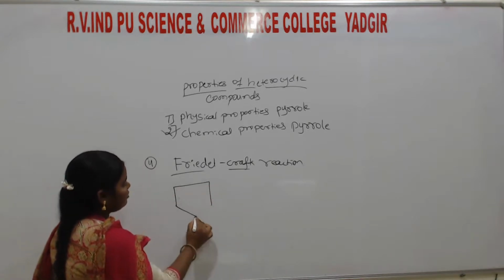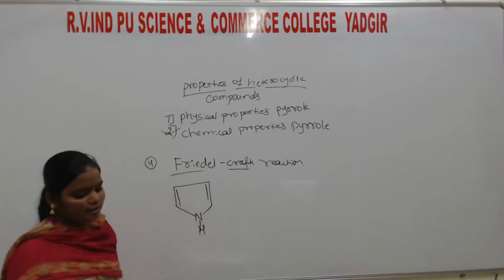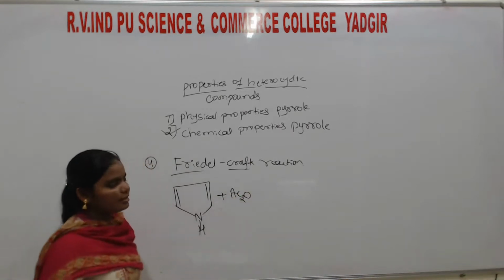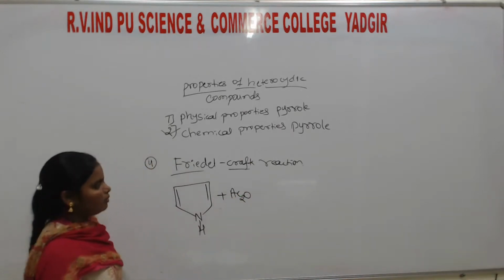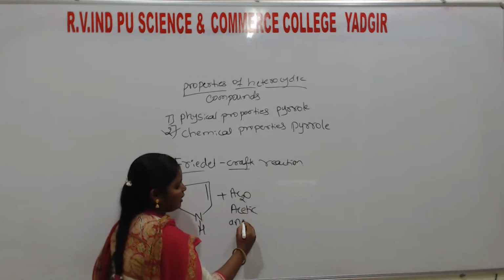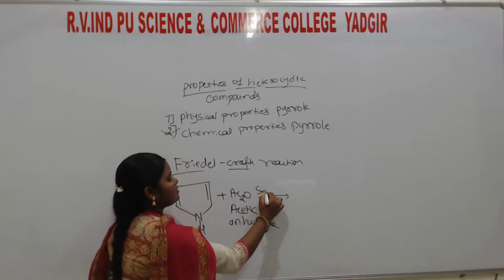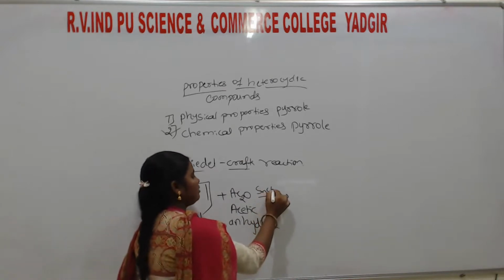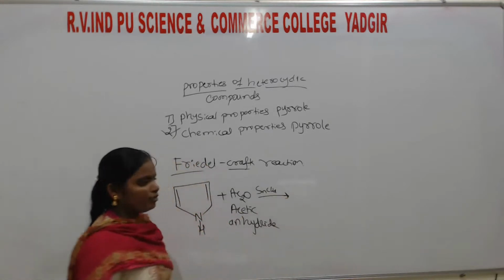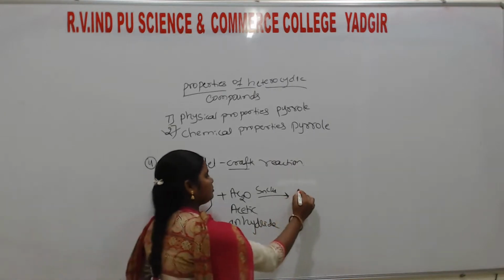This is pyrrole with NH, treated with acetic anhydride, (CH3CO)2O. You also take stannous chloride, SnCl4. Then the formation is 2-acetylpyrrole.